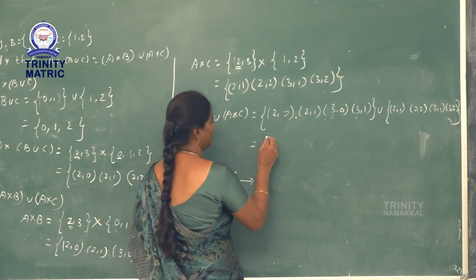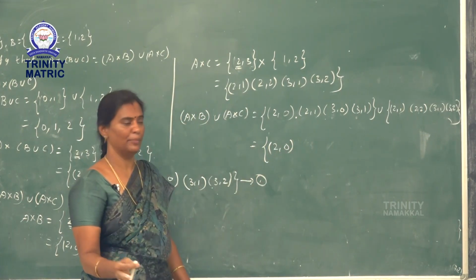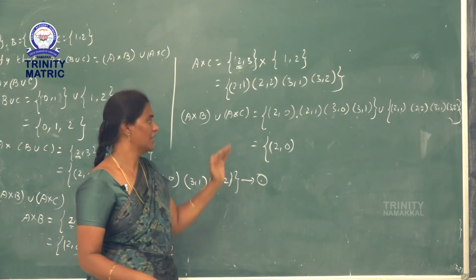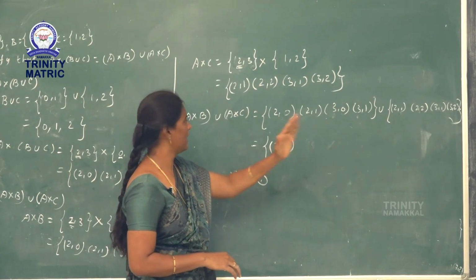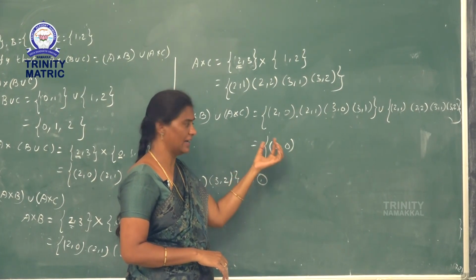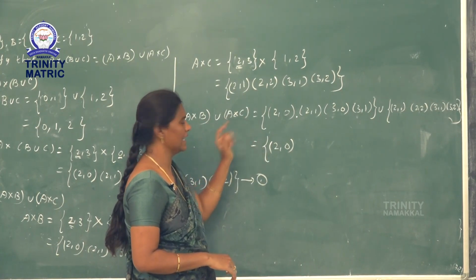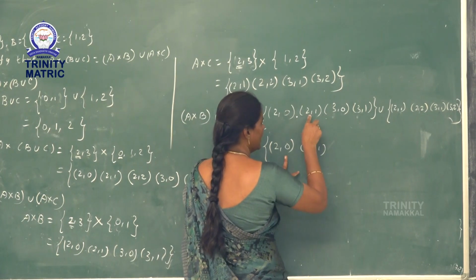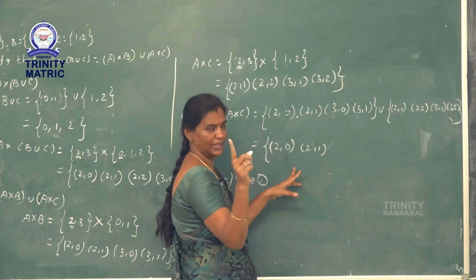See here, 2 comma 0. Union means we write the common elements only once, and also write the elements that are not common. Actually, 2 comma 0 is in A cross B but not in A cross C, but we can write 2 comma 0 in A cross B union A cross C. Then 2 comma 1 is in both sets, but we write it only one time.